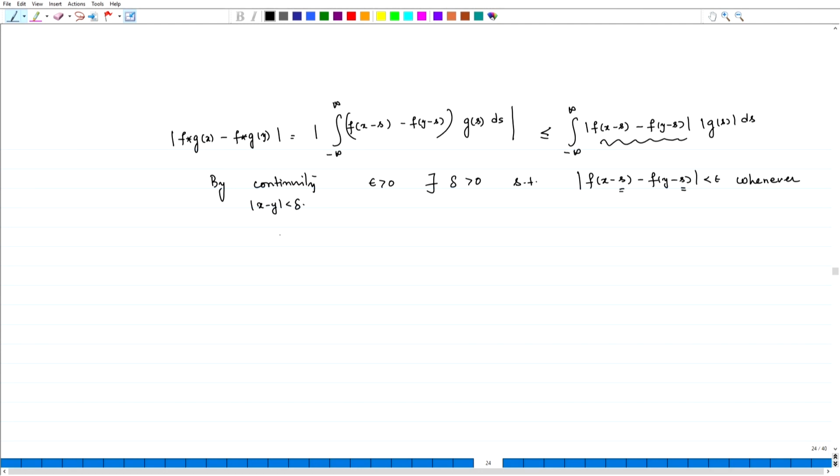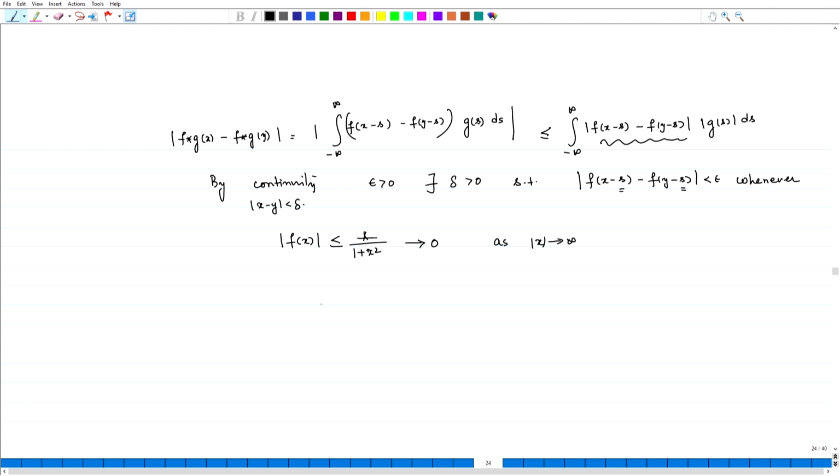Now, we are assuming that f is a continuous function with moderate decay. If f has moderate decay, you can easily see that mod of f of x is less than or equal to some constant over x square, and this goes to 0 as mod x goes to infinity.